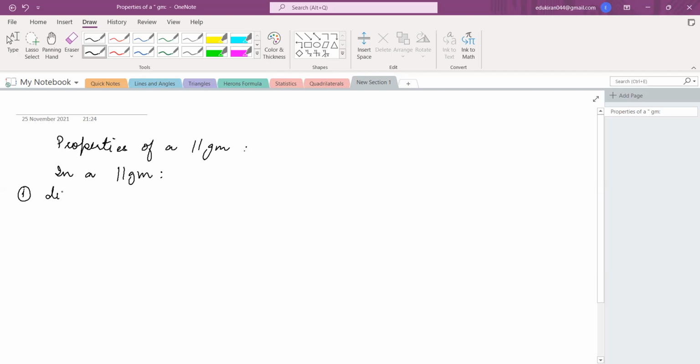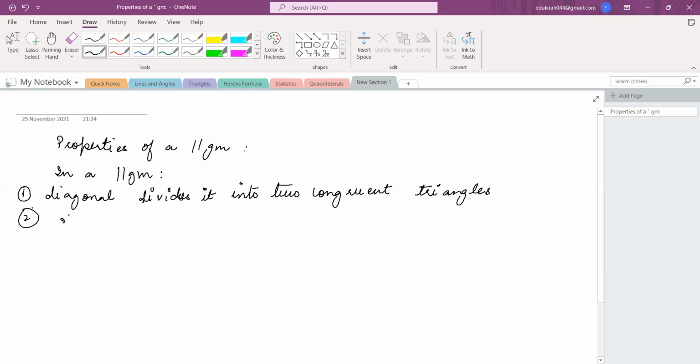diagonal divides it into two congruent triangles. Okay, this is the first theorem we have proved. Now there is a second property. Opposite sides are equal.